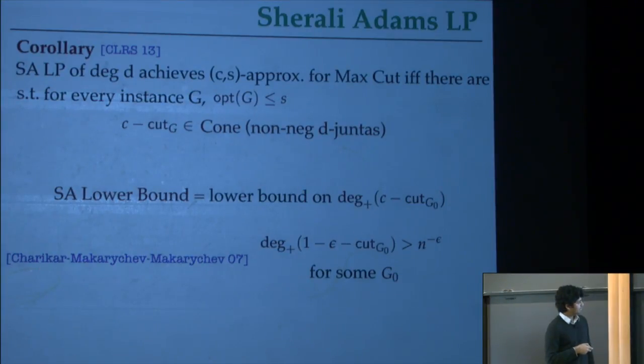So in particular, this is the lower bound that is relevant to us. There is a lower bound due to Charikar, Makarychev and Makarychev, who showed that the non-negative degree of this function, where C is roughly close to 1, okay.